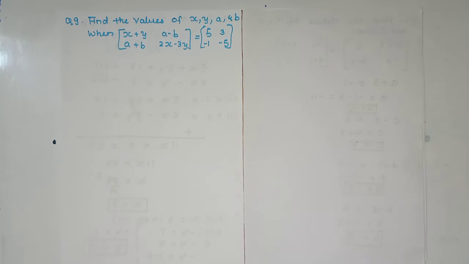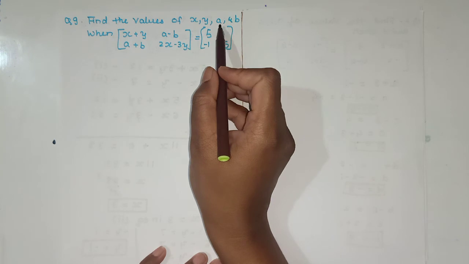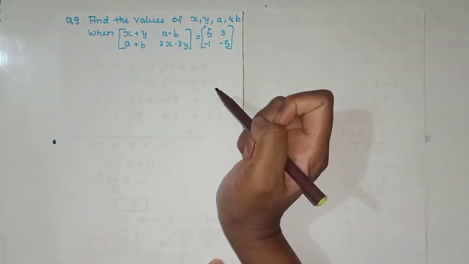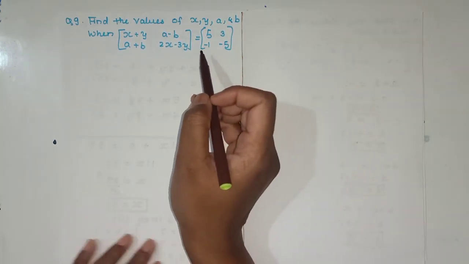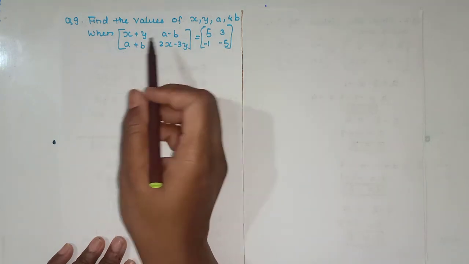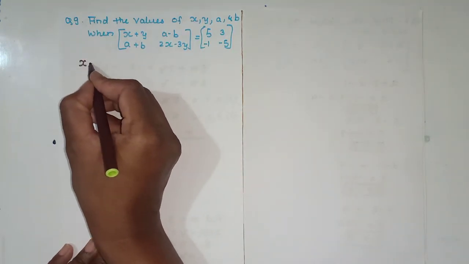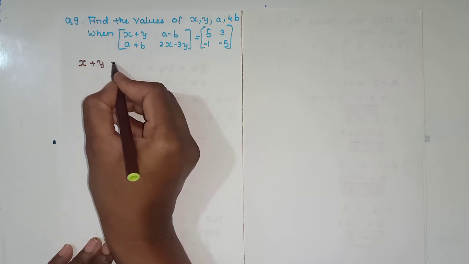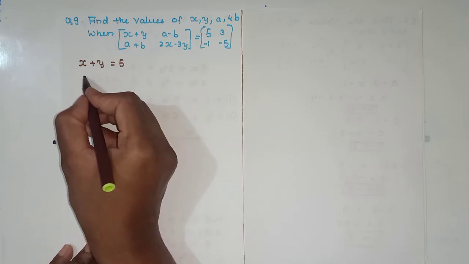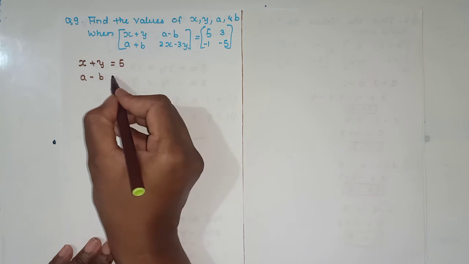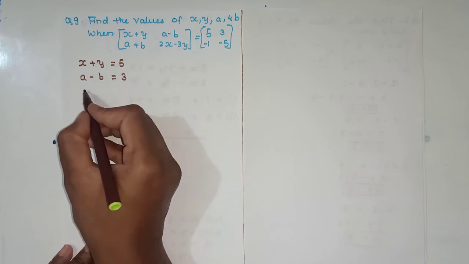Now let's see this question number 9. Find the values of x, y, a and b. We have to find out the values of these terms. Okay, and it is given these two matrices are equal. From this, what do we conclude? That x plus y equals to 5. Then a minus b equals to 3.